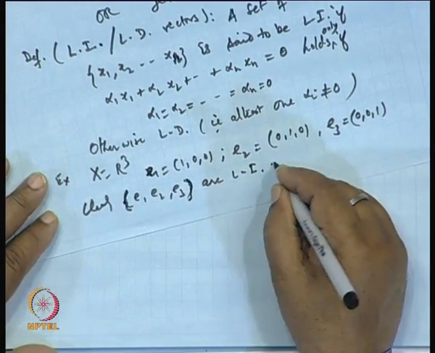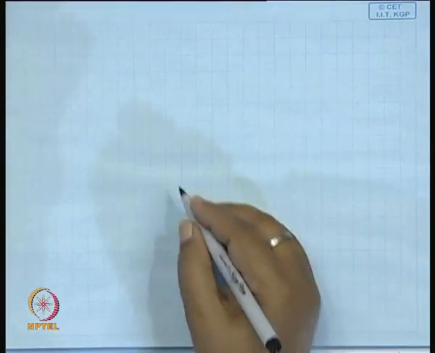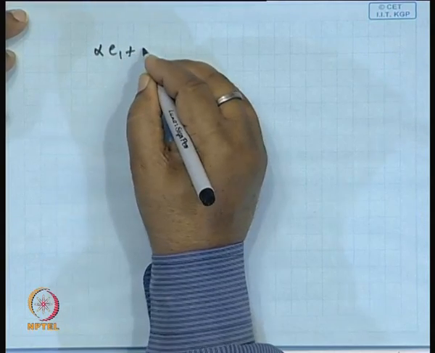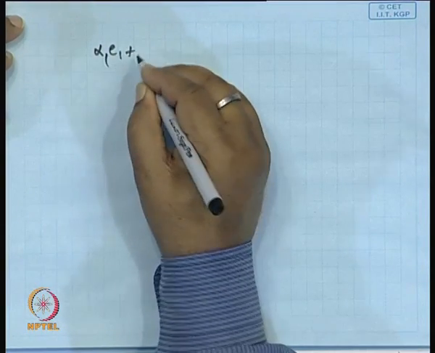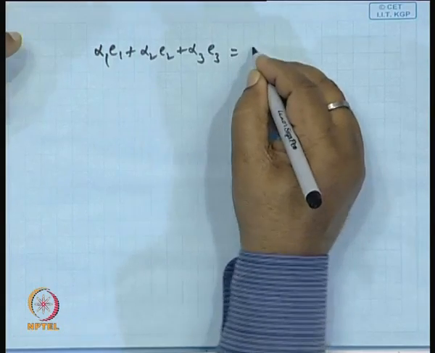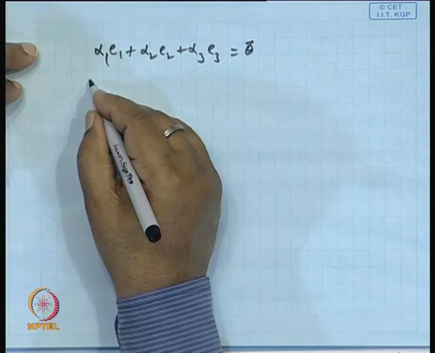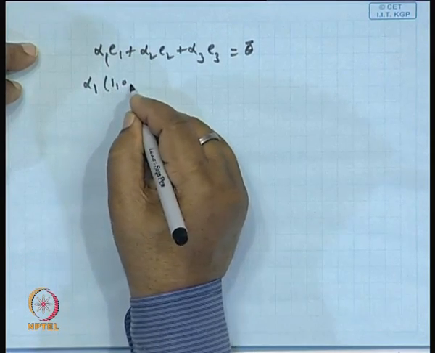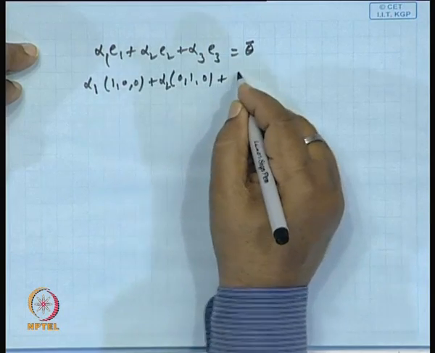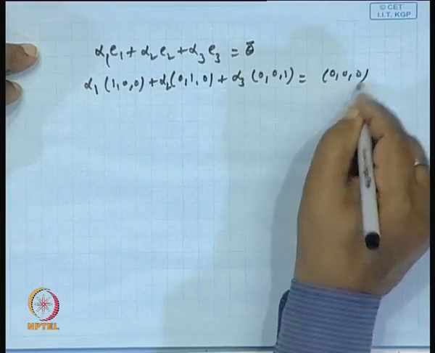Because if we take some scalars, alpha 1 E 1 plus alpha 2 E 2 plus alpha 3 E 3 is the zero vector, then it means alpha 1 into 1 0 0, alpha 2 into 0 1 0, alpha 3 into 0 0 1 must be equal to 0 0 0.